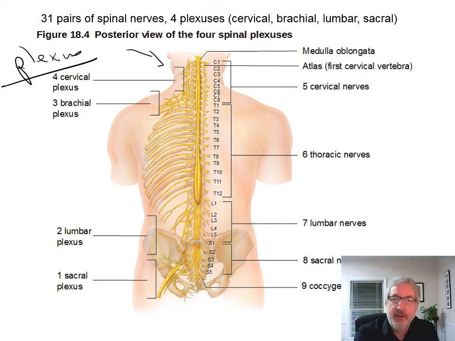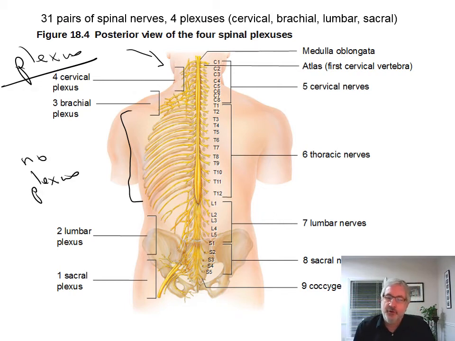The brachial plexus makes this kind of mass, and then in the thoracic region, there's no plexus. Those ventral rami of the spinal nerves just follow the ribs and go all the way around to the front of your body. The lumbar plexus you can see in that region there, and then the sacral plexus down here at the bottom, the sacral region.